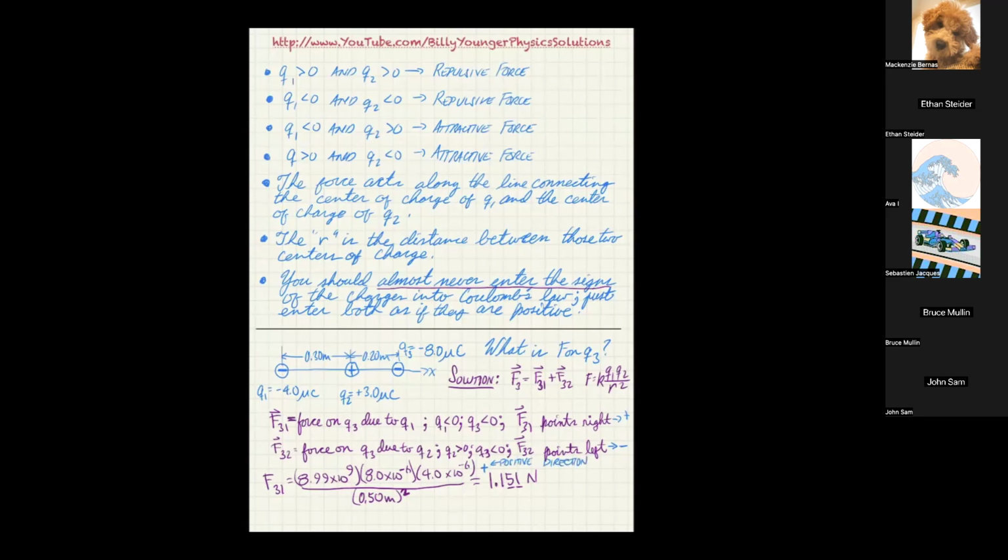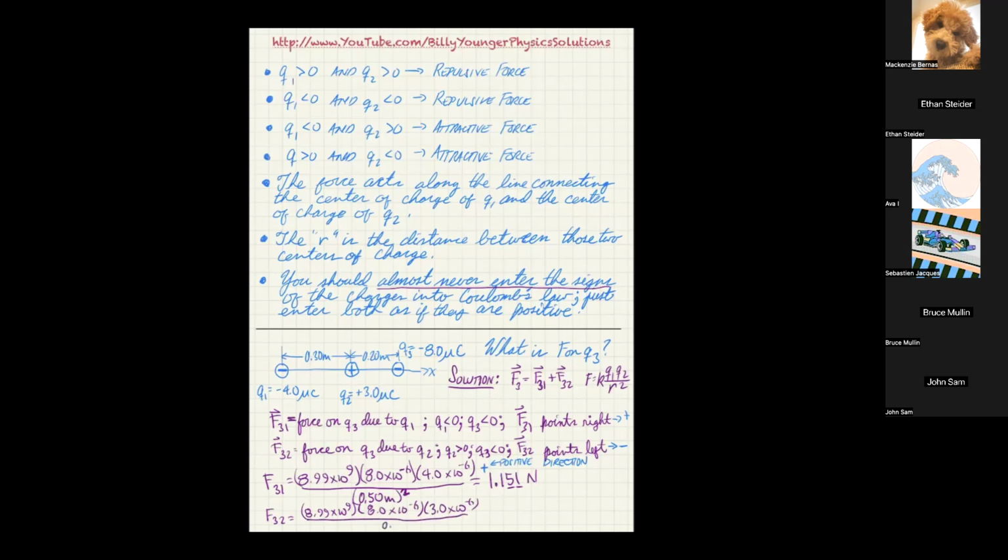Now I'm going to do F32. And that again is 8.99 times 10 to the ninth. Q3 is still going to be 8.0 times 10 to the negative 6. But now I use Q2, which is 3.0 times 10 to the negative 6. And then these two guys are a lot closer to each other.